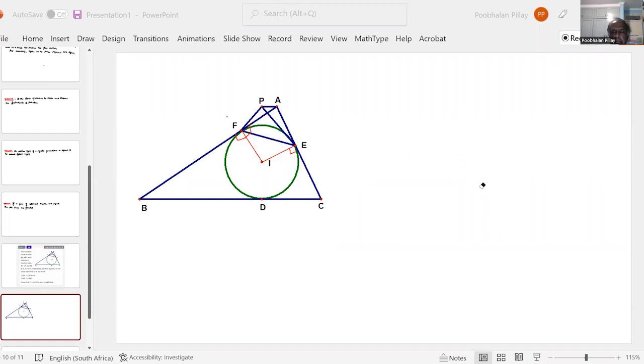So these are the two important things that we have, namely that AEFP and AEIF are both cyclic quadrilaterals.